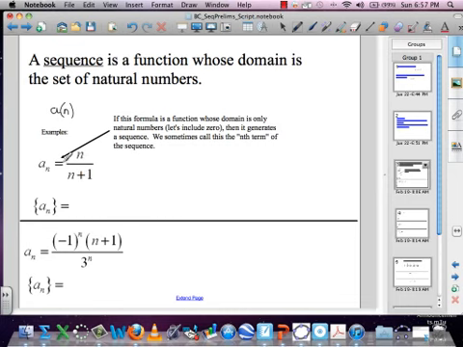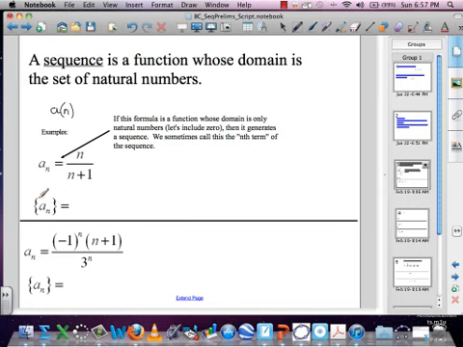This is the function you're going to input your whole numbers into. It says up here, if this formula is a function whose domain is only natural numbers, here let's include 0, then it generates a sequence. And we sometimes refer to this formula as the nth term of the sequence.